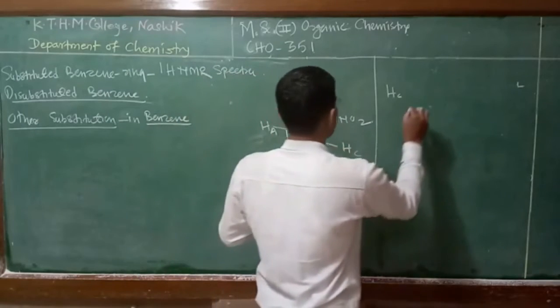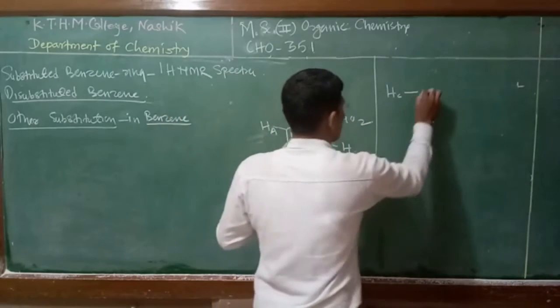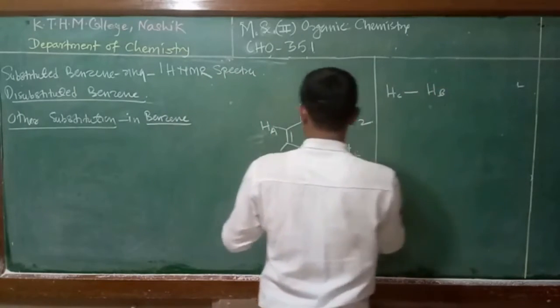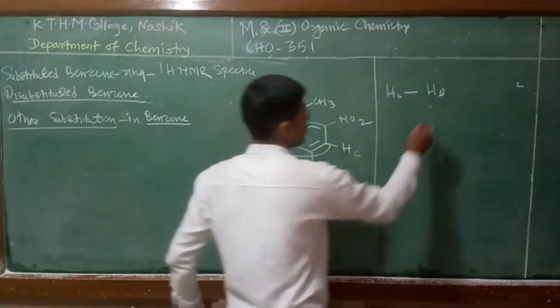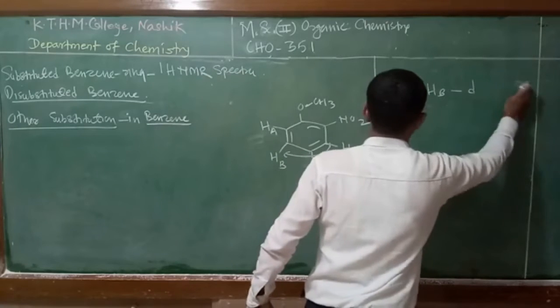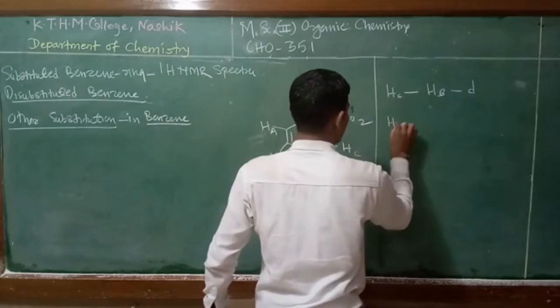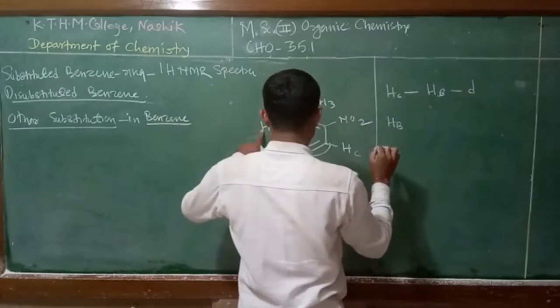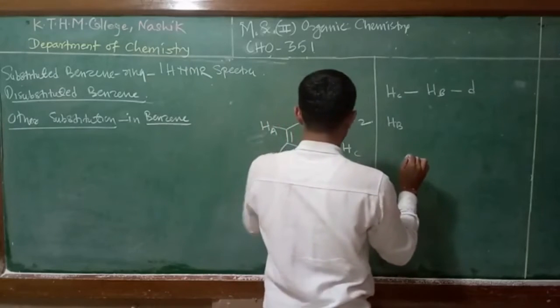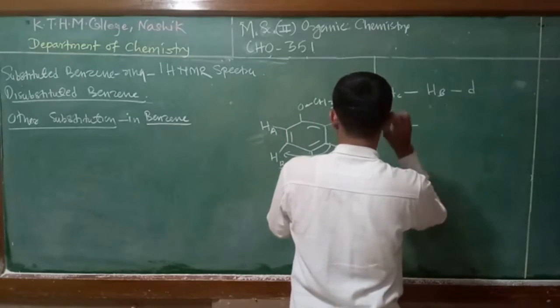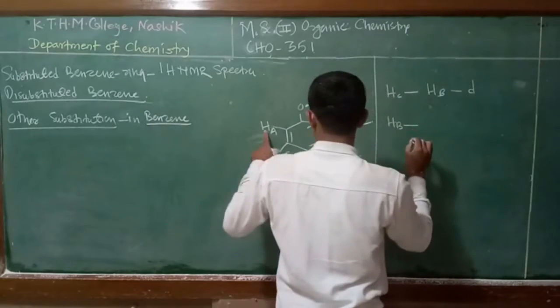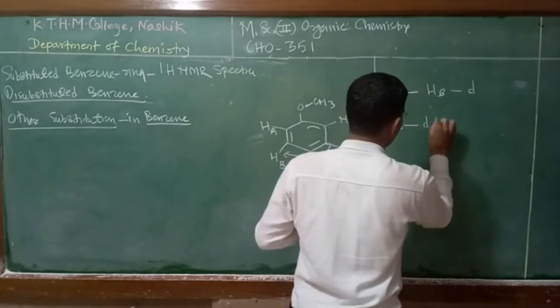Hc is coupled with Hb only, so it shows only the meta coupling, and the signal is a doublet. Hb is ortho coupled with Ha and meta coupled with Hc, so it shows ortho and meta coupling, a doublet of doublets.